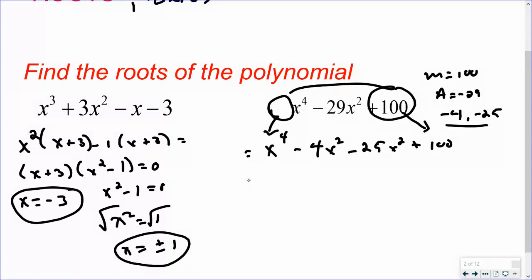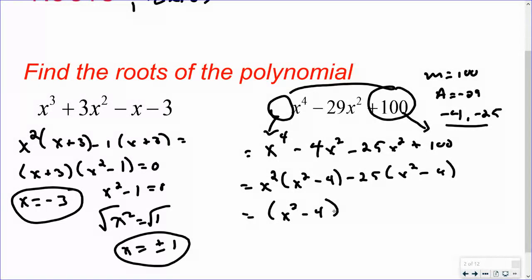Now I factor by grouping. I can take out x squared, and I have x squared minus 4. Here I can take out negative 25, and I have x squared minus 4.